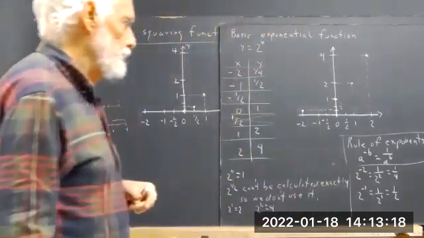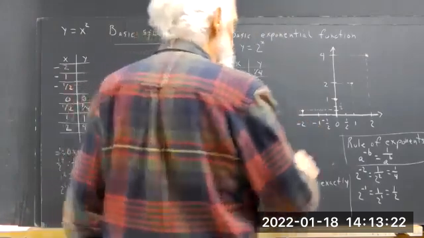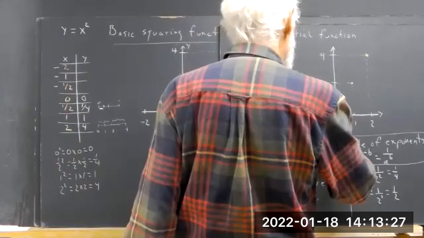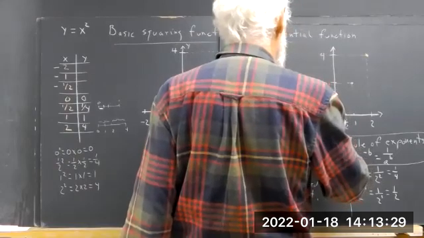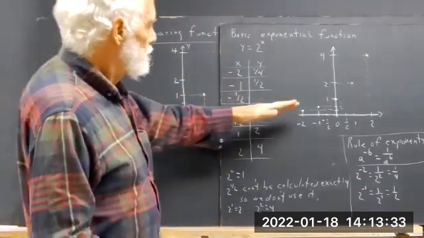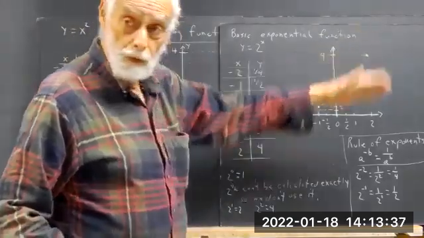That gives us a point here. And when x is negative 1, we get 1/2. We get 1/2. And there's a nice smooth pattern to the curve that we're eventually going to get.